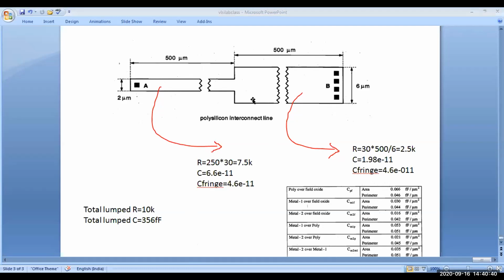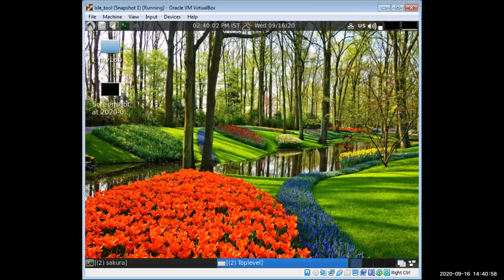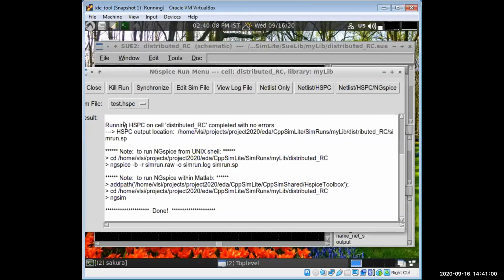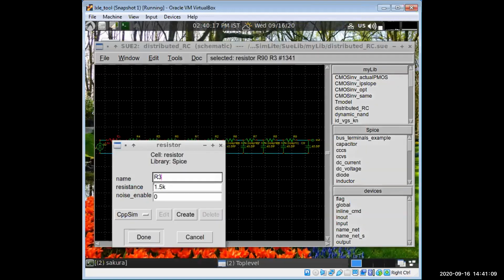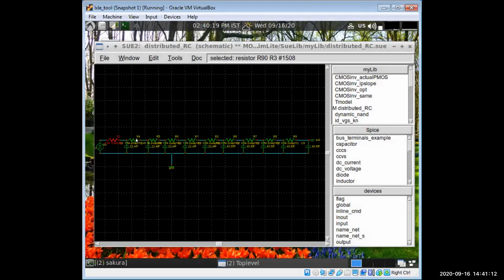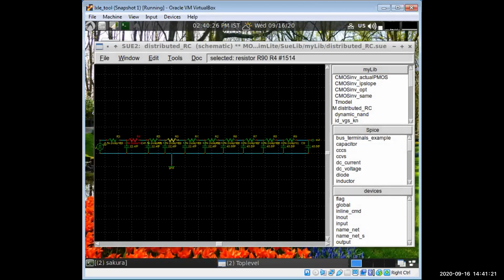So let me go there. Okay, you can see the screen. Just change these values. These were all 1.5, make it 0.5. Okay, I have to change all the values. Now just change the nodes. Yes, I can change the nodes.